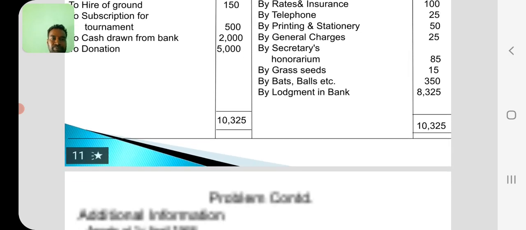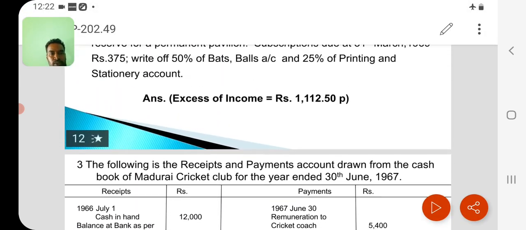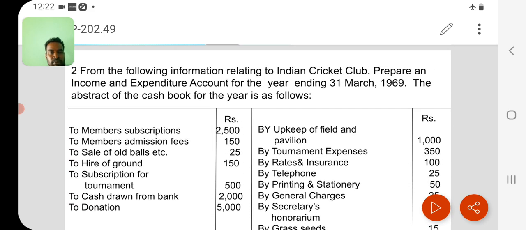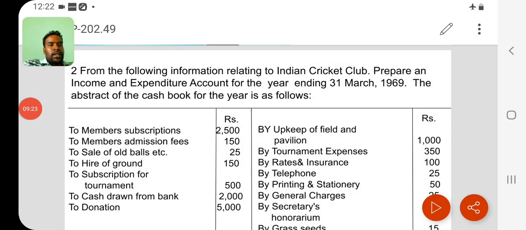The second one. See here, from the following information relating to Indian Cricket Club, prepare an income and expenditure account for the year ending 31st March 1969.